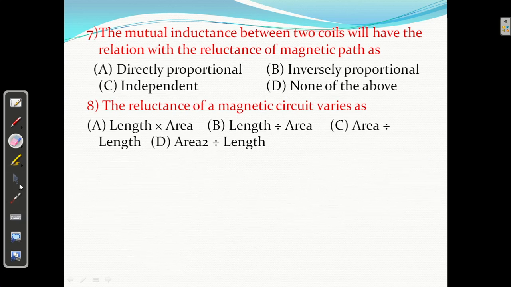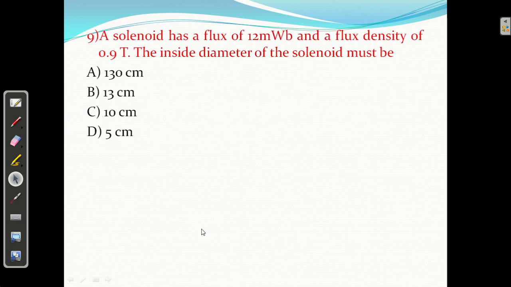Question number 9. A solenoid has a flux of 12 milliweber and flux density of 0.9 Tesla. B is given, phi is given.